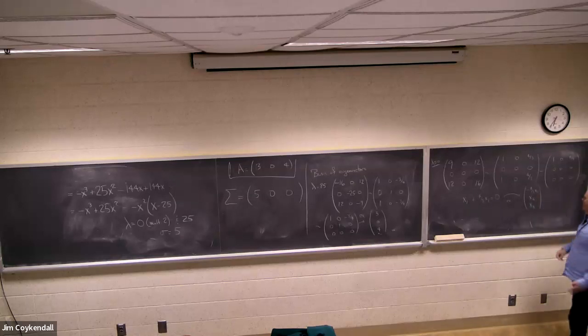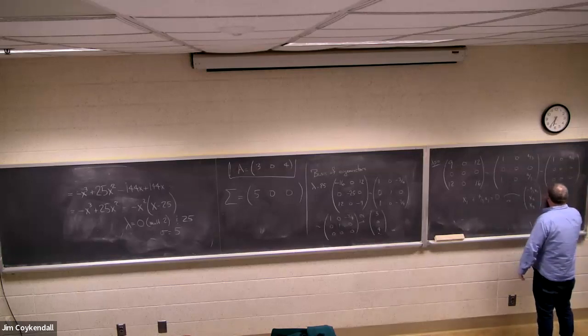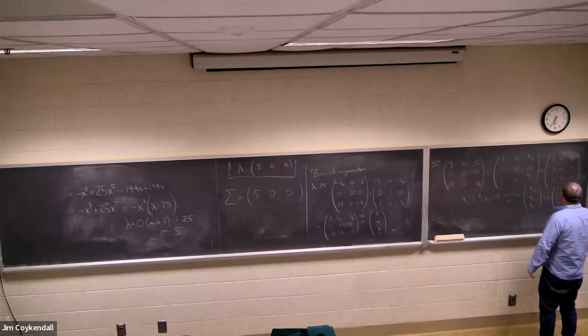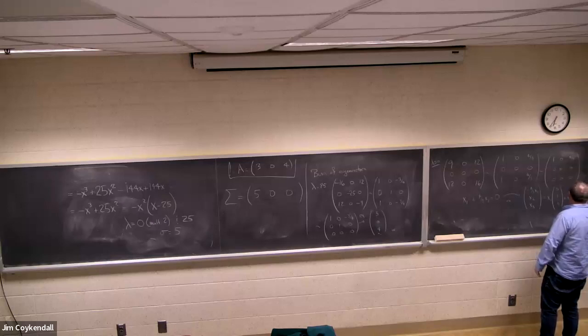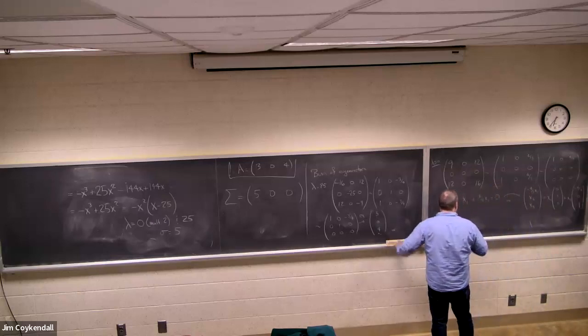So this is x2 times 0, 1, 0, plus x3 times minus 4/3, 0, 1. So the eigenvectors, I'm going to scale them.